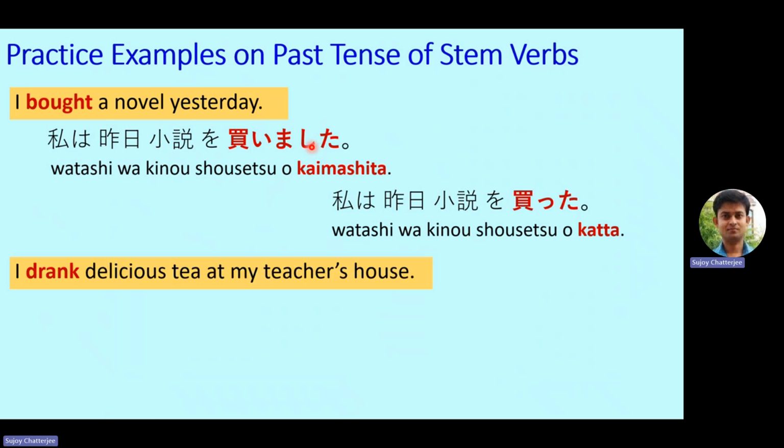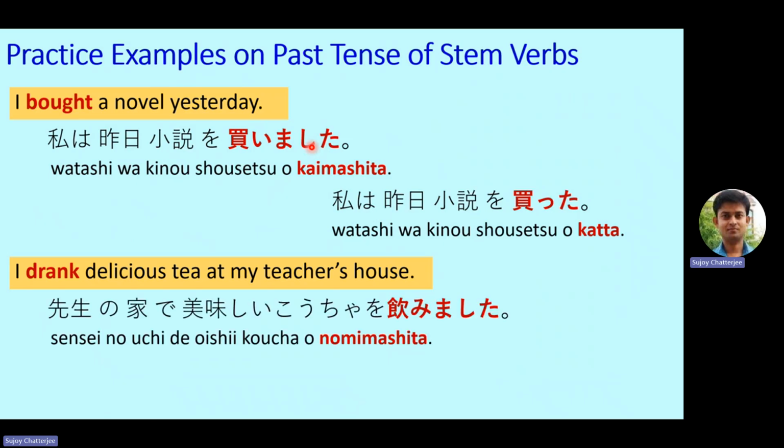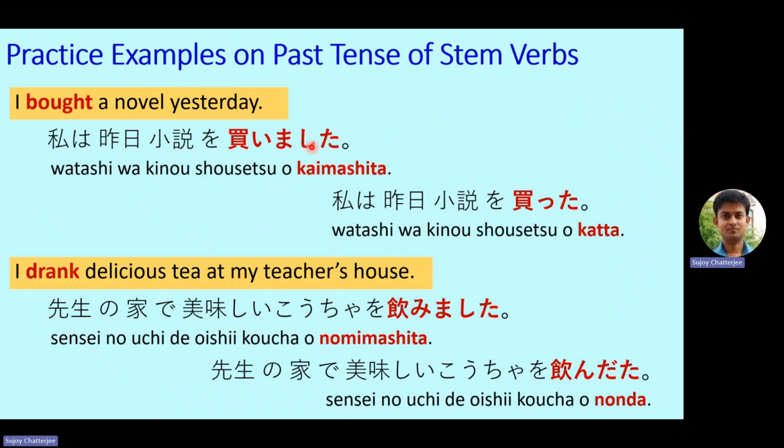The second example is I drank delicious tea at my teacher's house. Teacher's house is sensei no uchi. As you know, we did this example earlier also. So sensei no uchi de oishii ocha o nomimashita. We can also say watashi wa sensei no uchi de oishii ocha o nomimashita. I drank delicious tea at my teacher's house. Now, nomimashita becomes nonda.